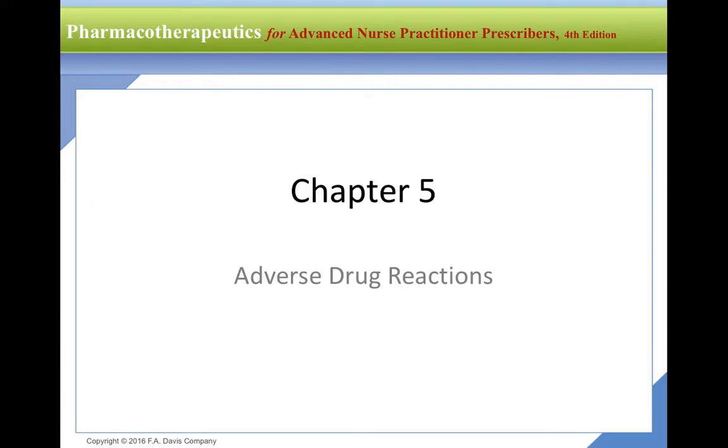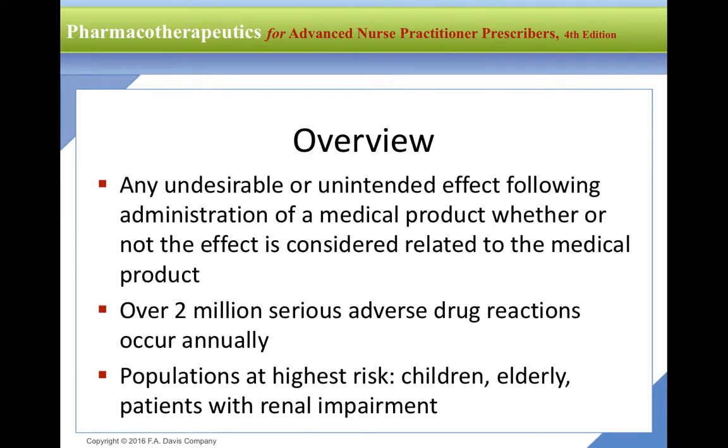Okay, adverse drug reactions. Adverse drug reactions happen all the time. Basically, the difference between a side effect and an adverse drug reaction is how severe it is and how likely it is to happen. An adverse drug reaction is any undesirable or unintended effect following administration of a medical product, whether or not the effect is considered related to the medical product.